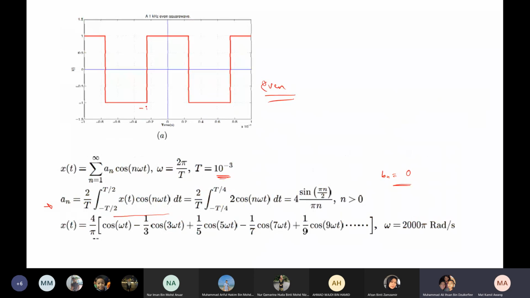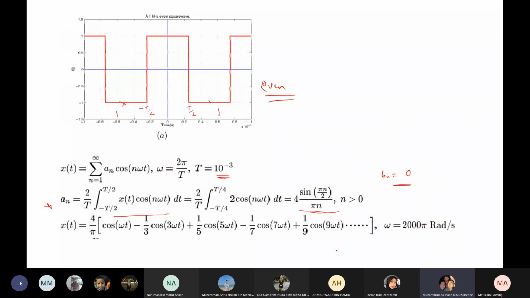So the integration is from there because this part is 0 and this part also 0, for the 50% duty cycle. When you do the integration, you get this.